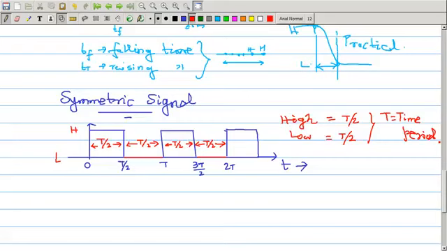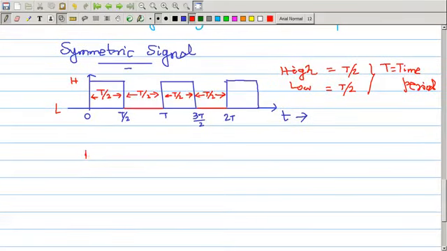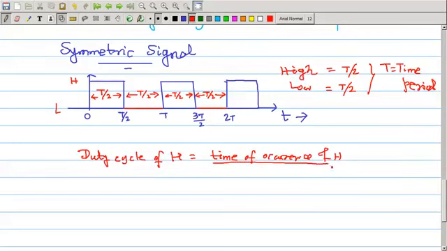Okay, and the duty cycle, how do you define duty cycle? If I want to find the duty cycle of H, it is defined as the time of occurrence of H divided by the time period of the signal, multiplied by 100.